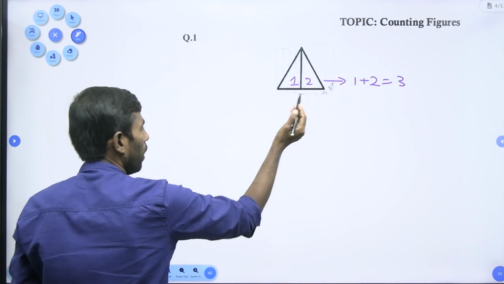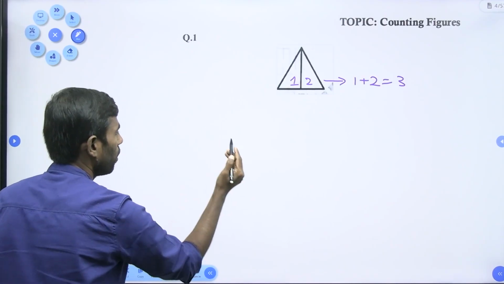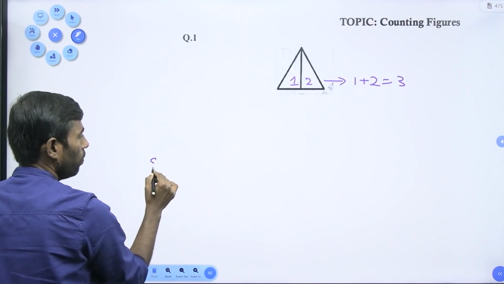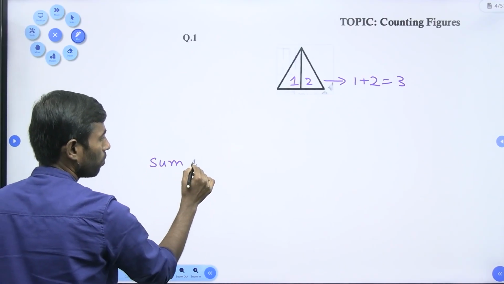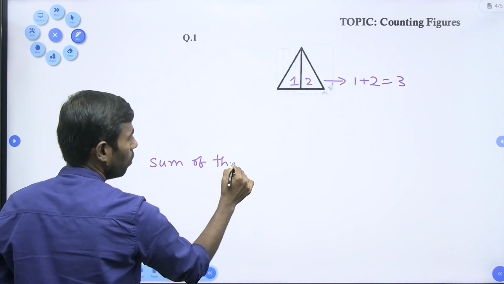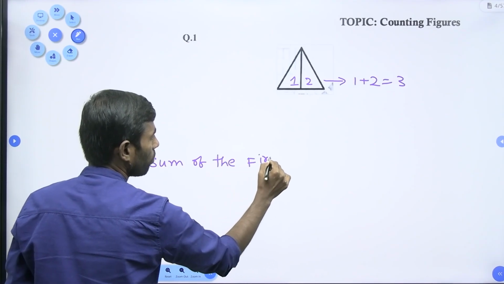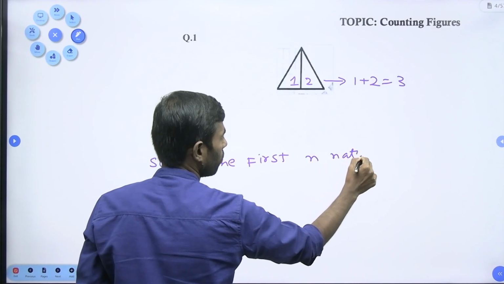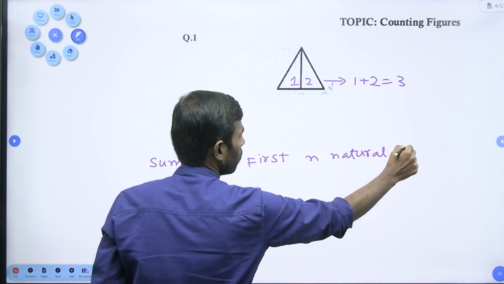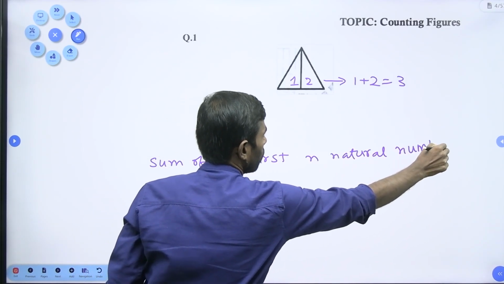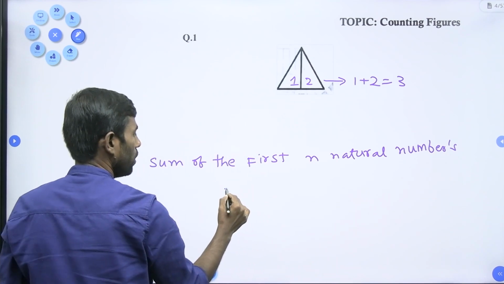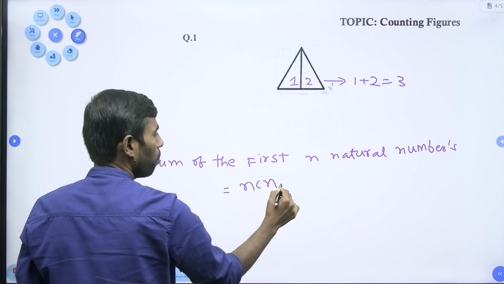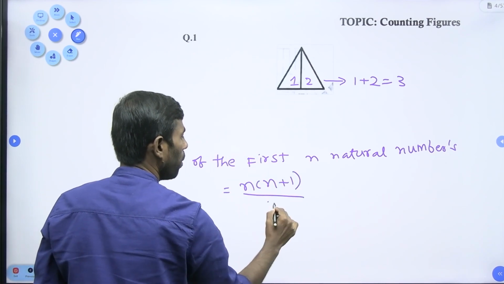If the number is big, you know this, right? Sum of the first n natural numbers, which is equal to n into n plus 1 by 2.